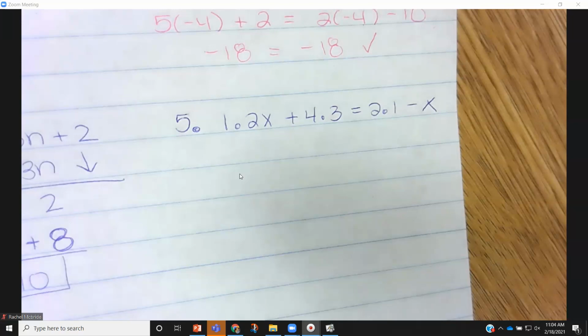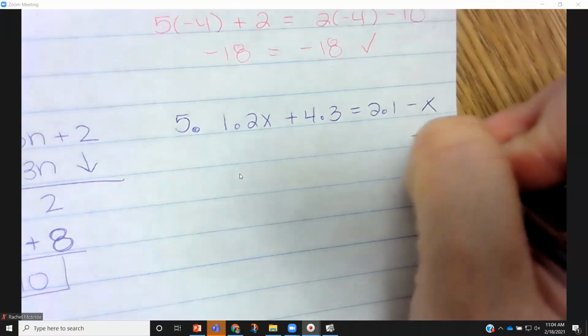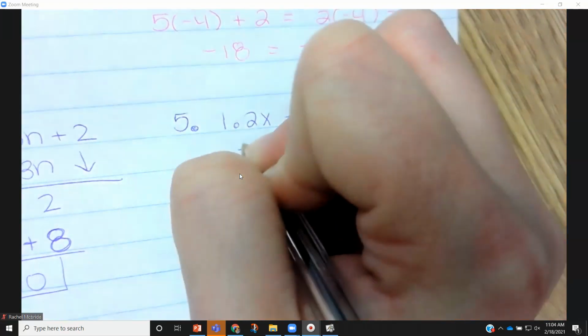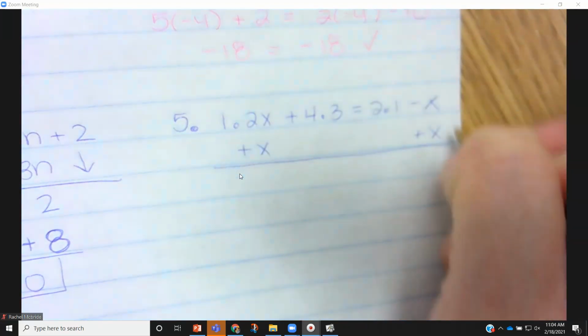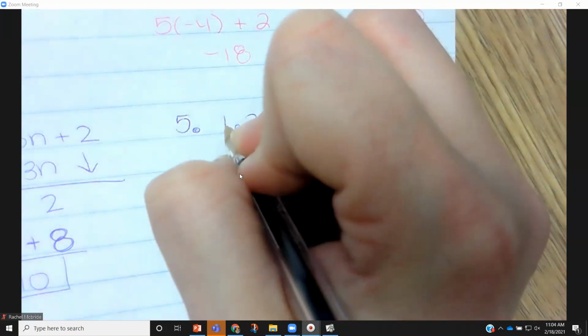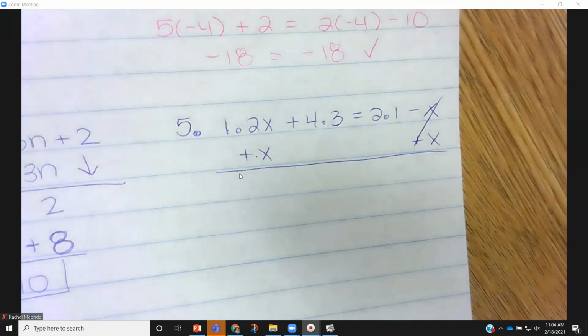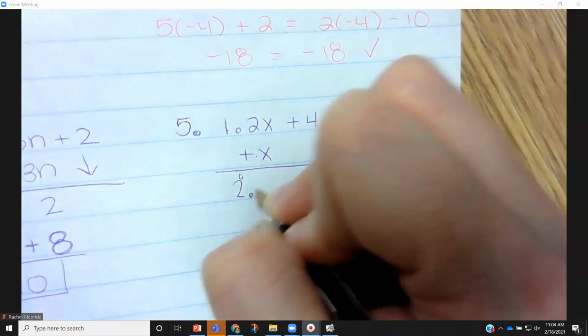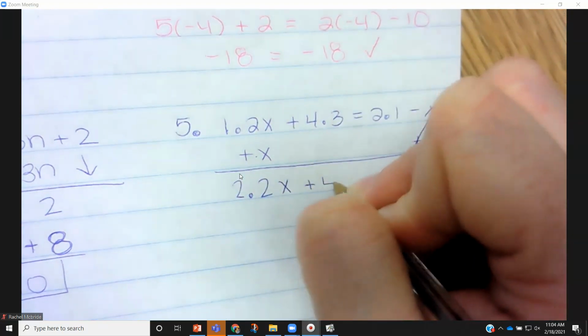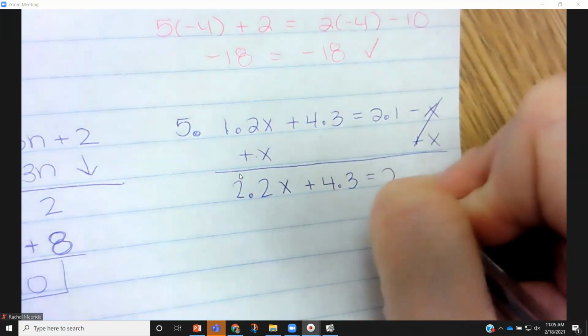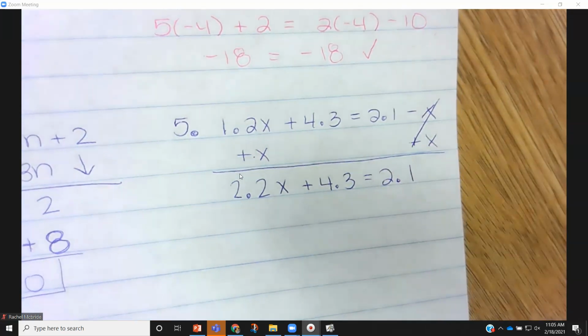So who wants to do what first? All right, Zoe, what do you want to do? Thank you, because that's what I wanted to do as well. And I was like, oh, I hope she's on my page. So what's 1.2 plus 1? Madison? Excellent. Go ahead.